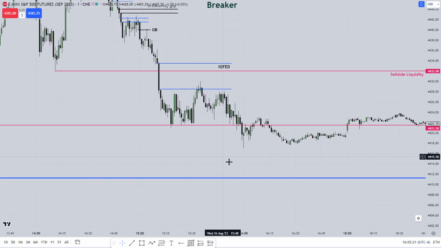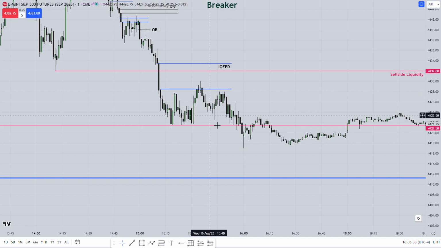So if you hold your trade for a long time, then you can take the entry here in the institutional order flow entry drill. But for me, at 4:30 the session has ended.